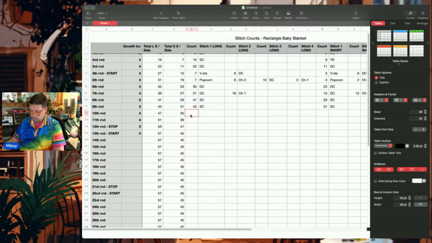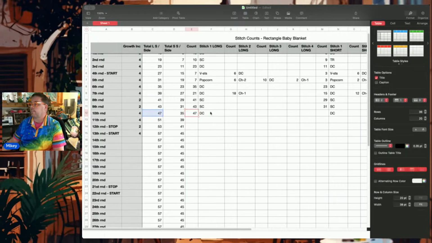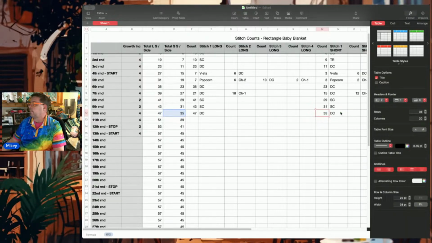And then the 10th round is a double crochet round. And we're going to equal this number. Equal that number. And then the 11th round is the last, no, second last.